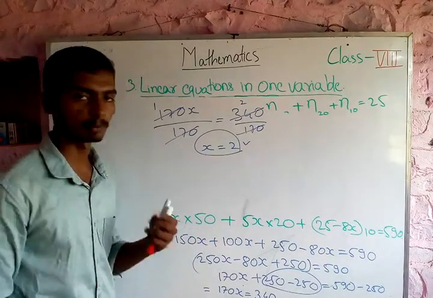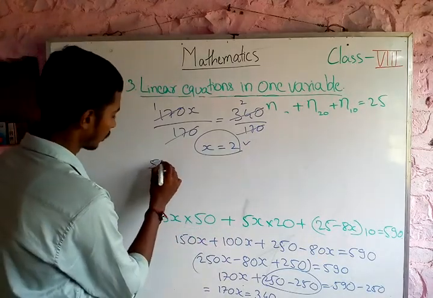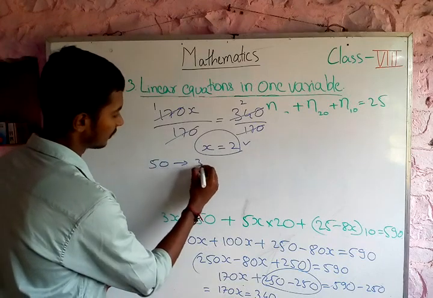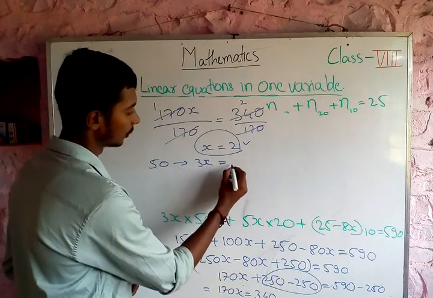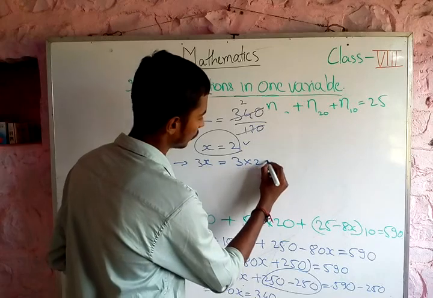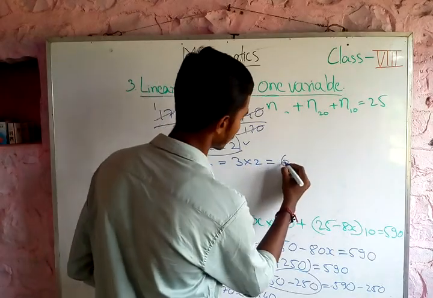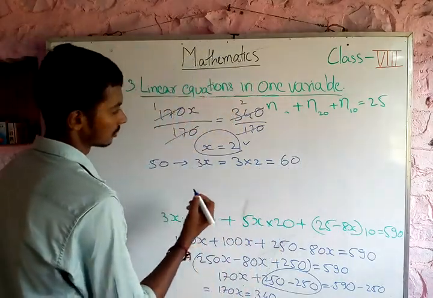They are asking you the number of notes. The number of 50 rupee notes is 3x, which is equal to 3 into 2 is equal to, oh sorry, 6.